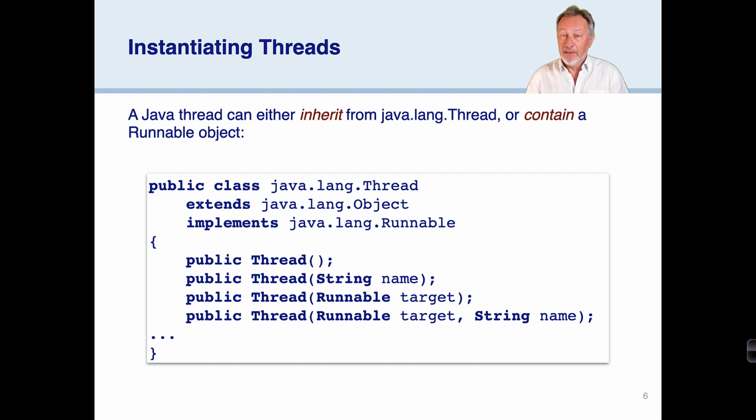And then the same thing is true when you create a thread passing in the Runnable. You can just pass in the Runnable by itself, or you can pass in the Runnable and a name for the thread, a string. So there are 2 ways of instantiating threads: subclassing Thread or passing in a Runnable. And you also have the option of passing or not a name for the thread. So 2 by 2 gives you 4 ways. That's it.